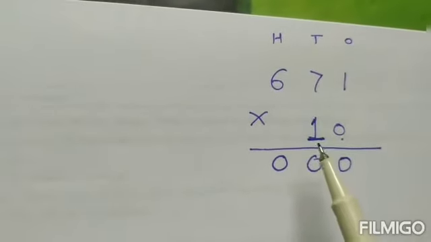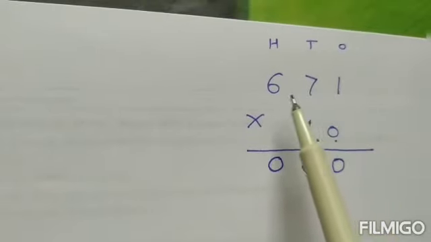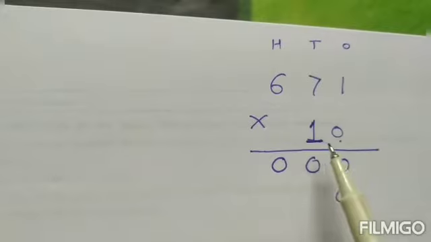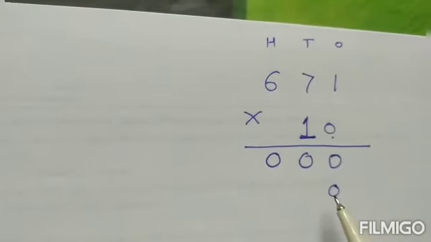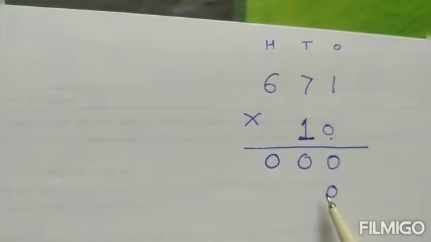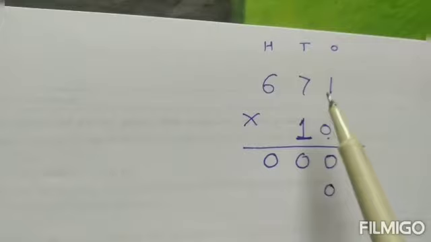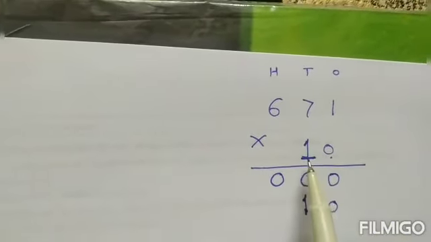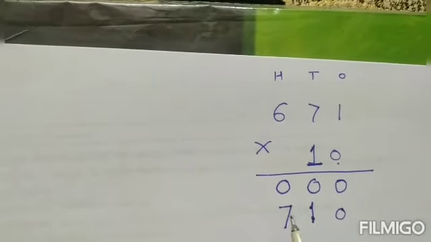Now the next step is multiply this 1 with this number. Children, in this case, first write down 0 in the ones column and then start doing multiplication. 1 into 1 is 1. 1 into 7 is 7.